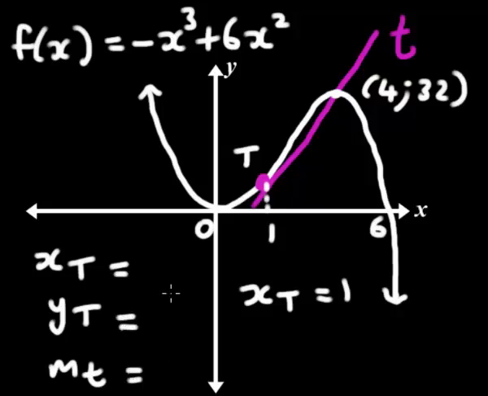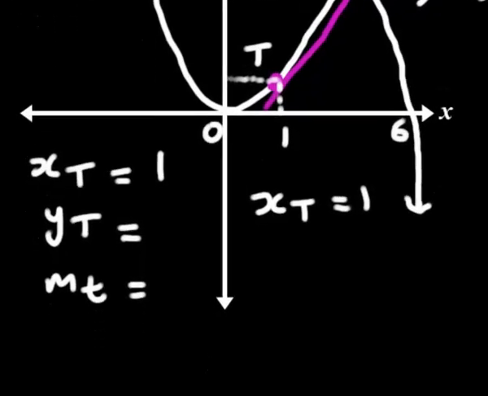Now we need to get the corresponding y value, because that will then be a point on the tangent line, which is also shared by the graph. Then, of course, we can get the gradient by differentiating the equation of the cubic. So let's do this. How do we get the y value?